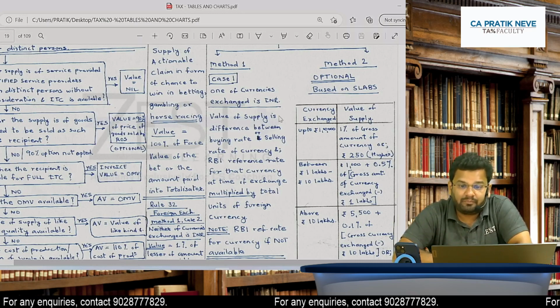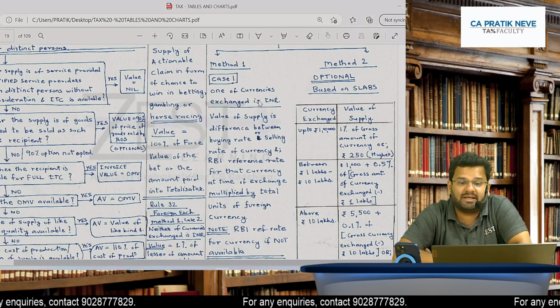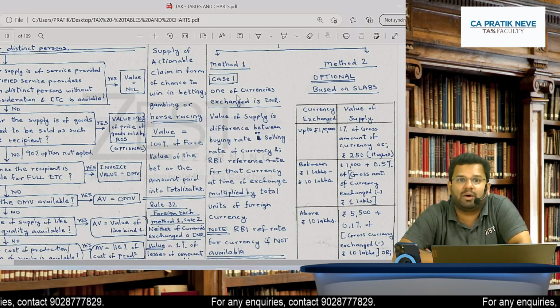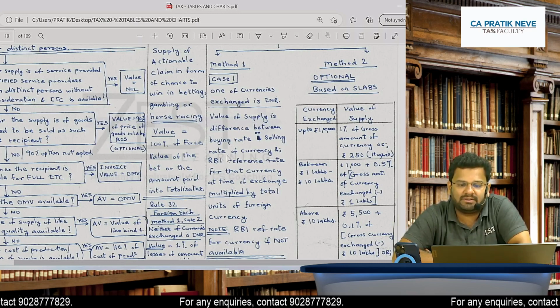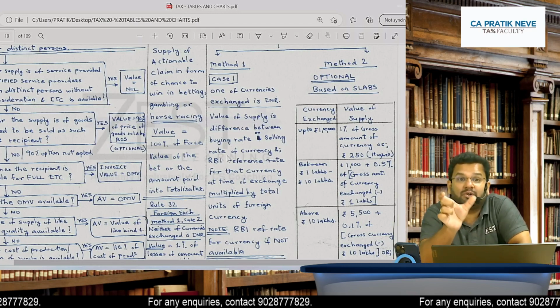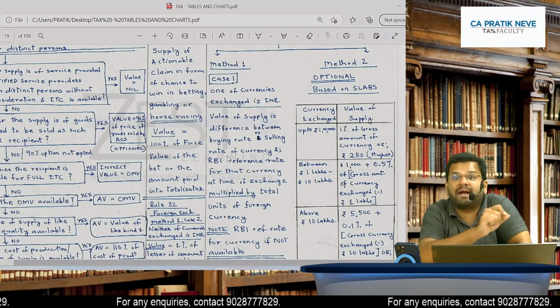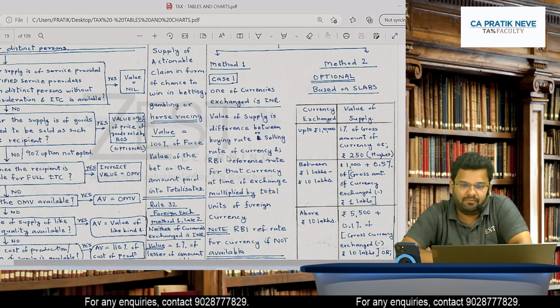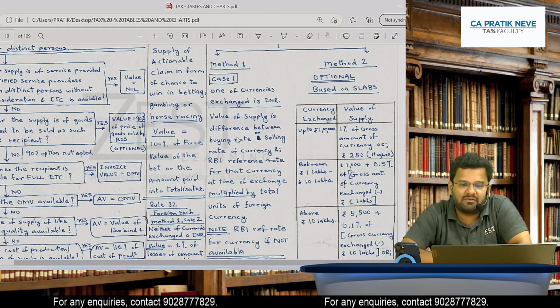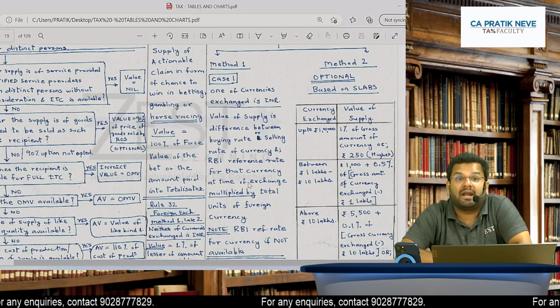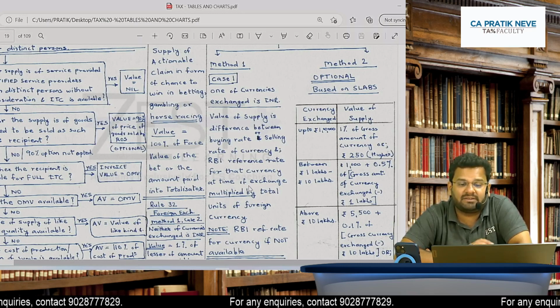Now if one of the currencies exchanged is INR in method 1, then what you do is check the difference between Reserve Bank of India reference rate. So value of supply is difference between buying rate or selling rate of currency and RBI reference rate for that currency.